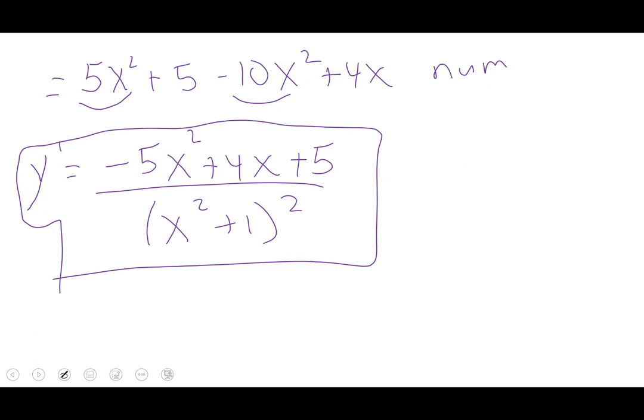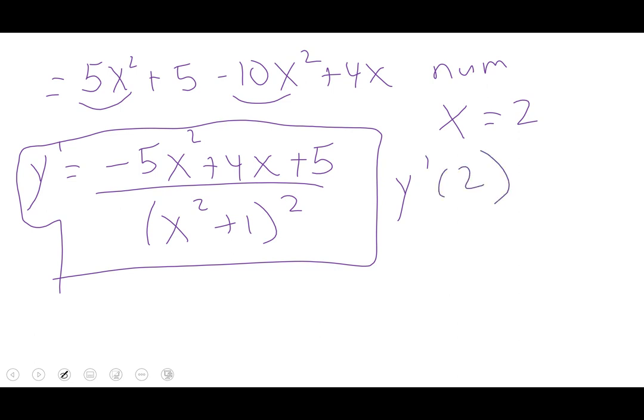Now that I have found the derivative, remember that the question said, find the equation of the tangent line at x equals 2. So remember, now that you have the derivative, which of course gives you the slope of the tangent line anywhere, you want to find particularly where it's happening at x equals 2. So at x equals 2, you want to find the value of the derivative at x equals 2.